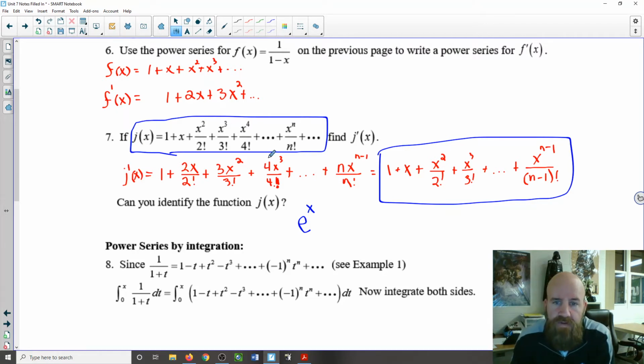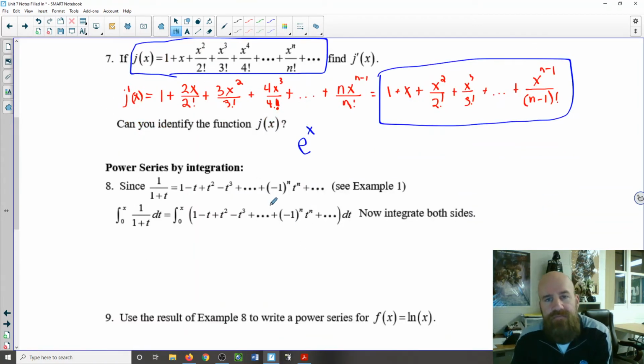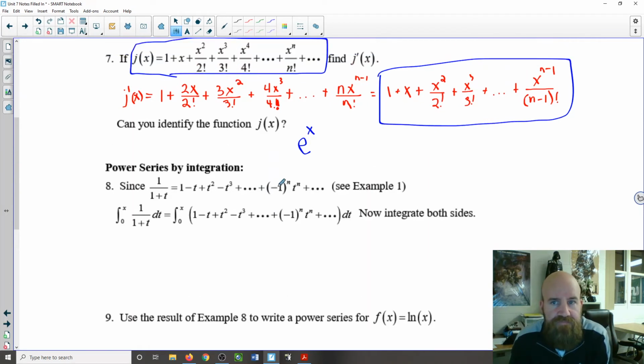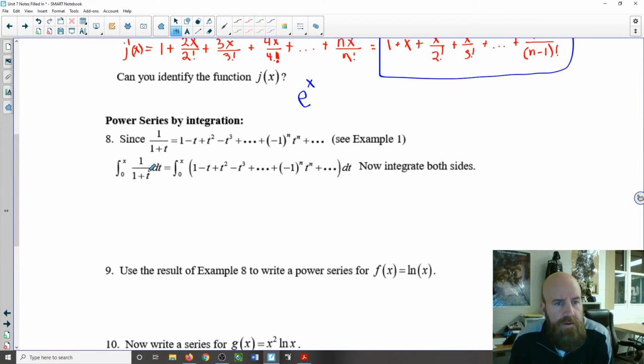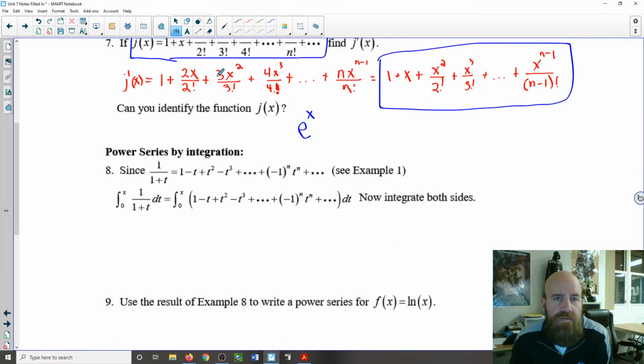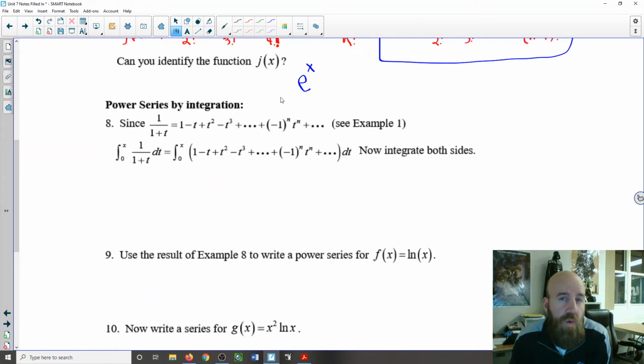Alright, so now we're going to take a look at integrating power series. So they give us 1 over 1 plus t. That's what we were just talking about in the last video. We talked about 1 over 1 plus x, but we're just replacing it with t, which is no big deal.